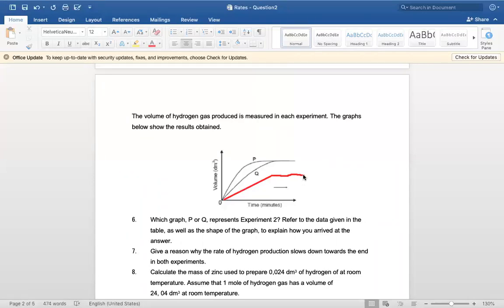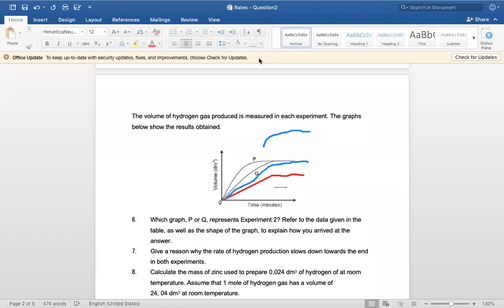But the one we did, if we use lumps, then it will go up and it will end there. Flat graph, right? So that's important. If it's the same amount, then it will end flat. I saw graphs where one person puts a graph like that, then the other graph goes higher up.